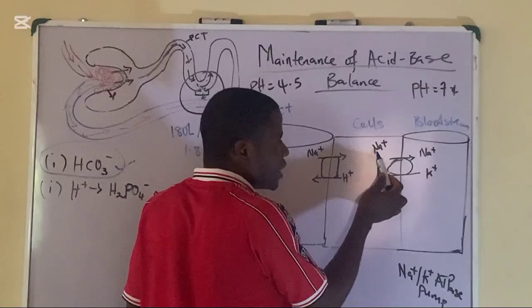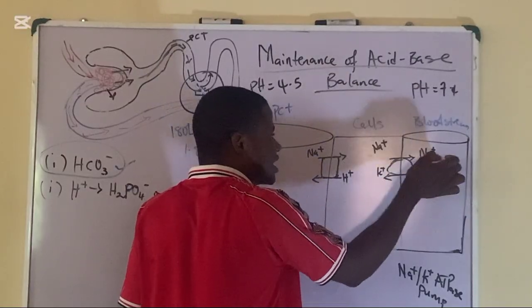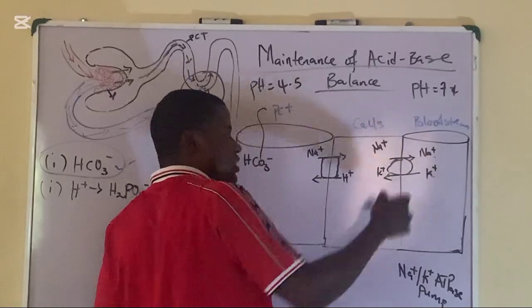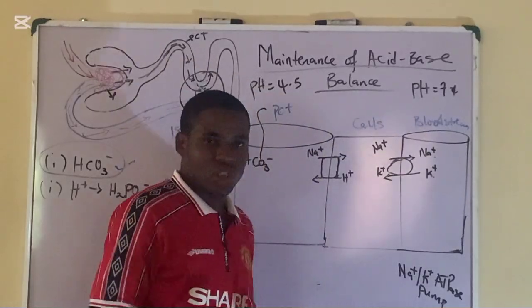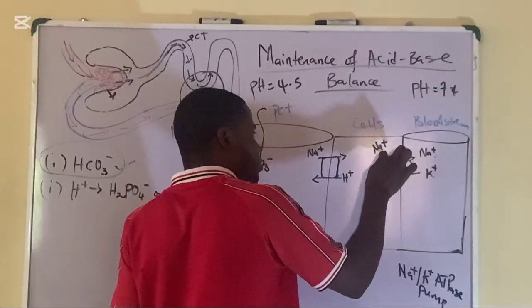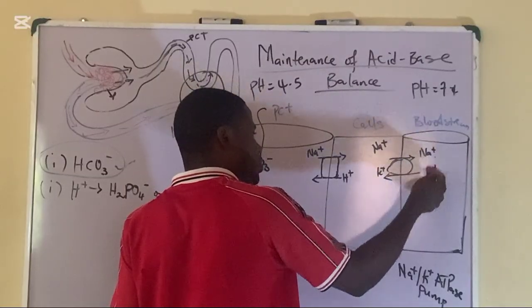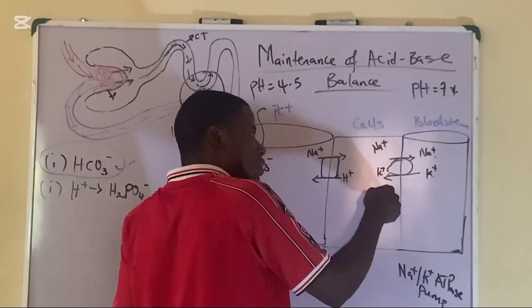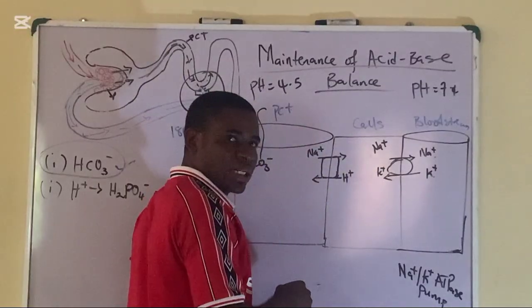Anytime that sodium ion leaves the cell and enters the bloodstream, potassium ion from the bloodstream enters the cell. It's just like, give me, I'll give you. So those are the mechanisms.